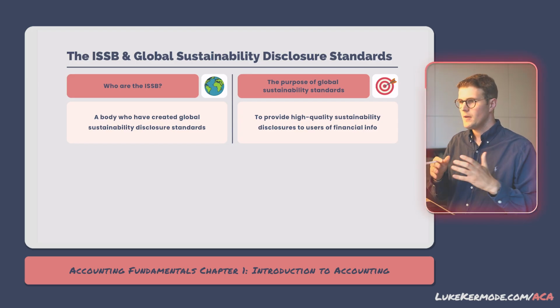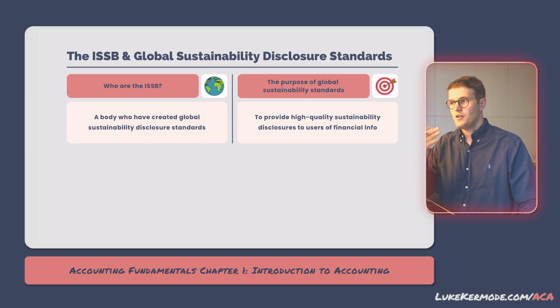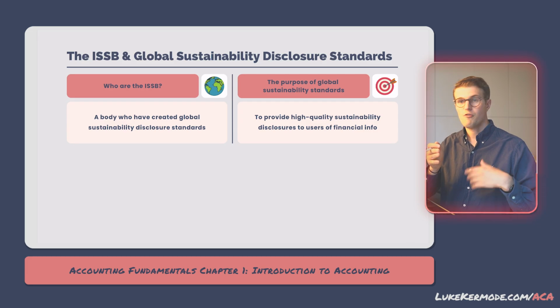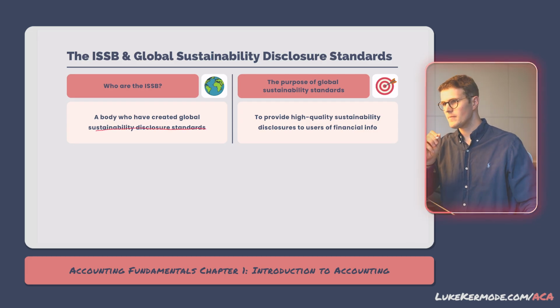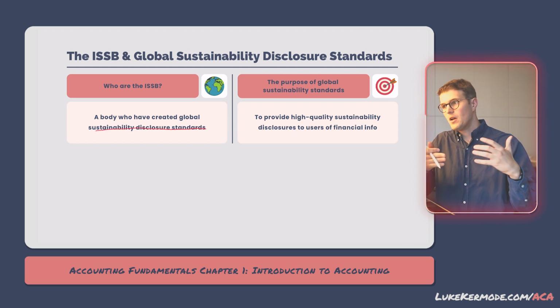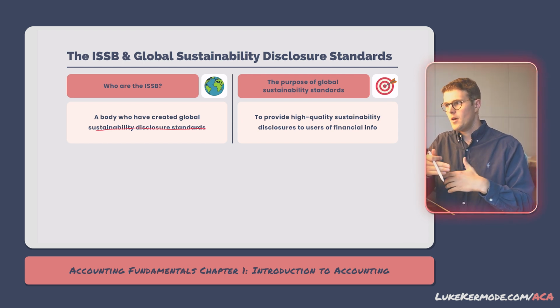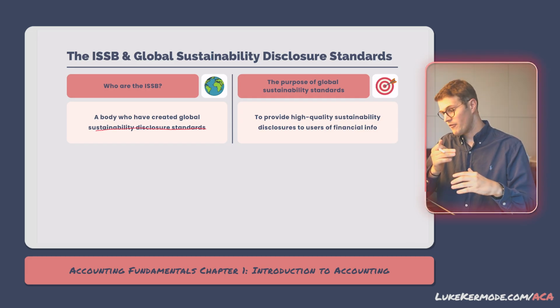Its mission is to develop a global set of sustainability disclosure standards that work alongside existing IFRS financial reporting standards. These standards focus on helping companies report not just how they impact the world, but also how environmental and social factors might impact their financial future.